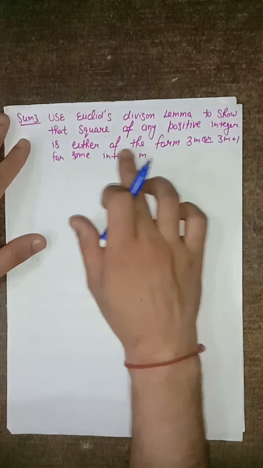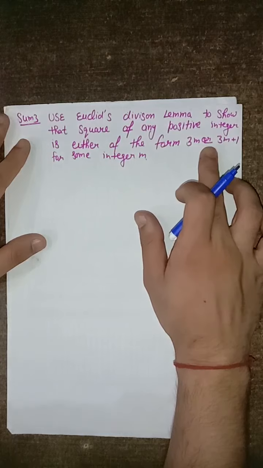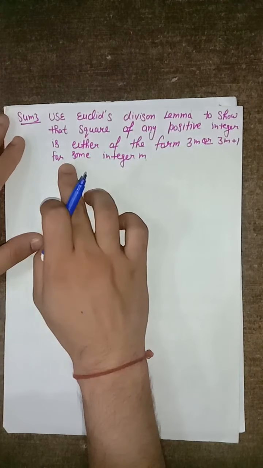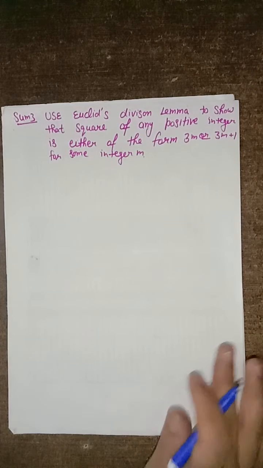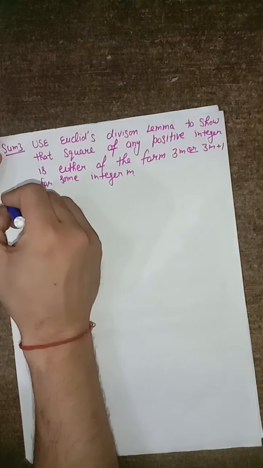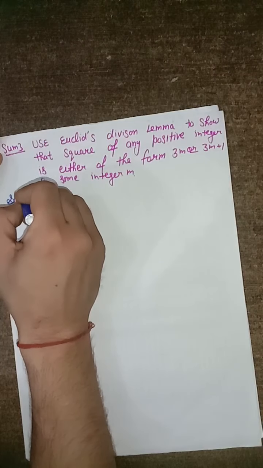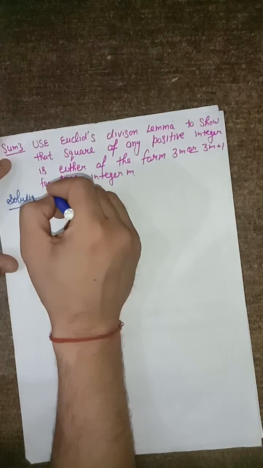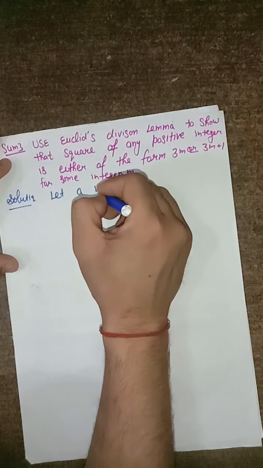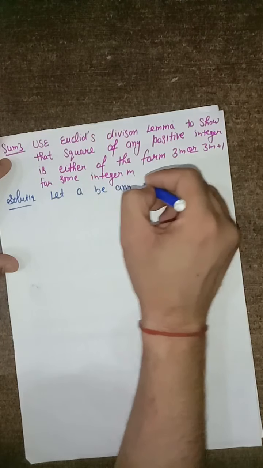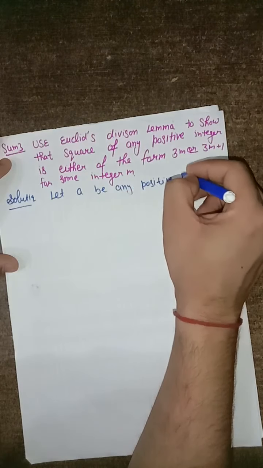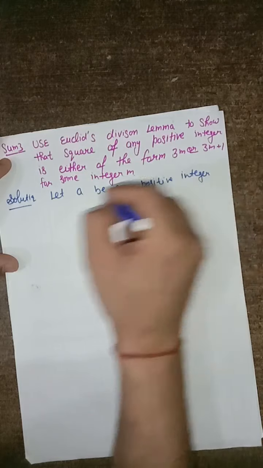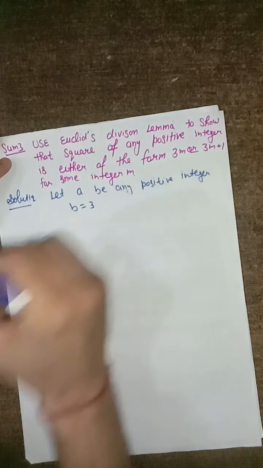integer is either of the form 3m or 3m plus 1 for some integer m. So first, let a be any positive integer, and b equals 3.